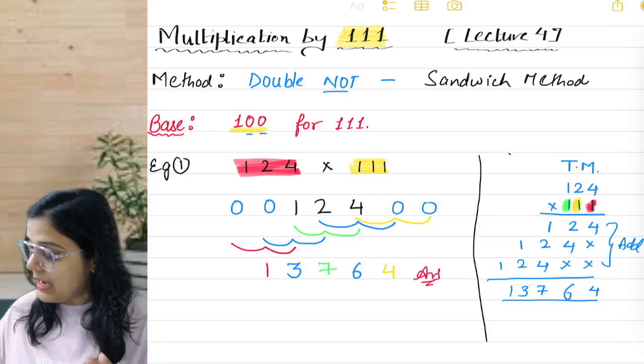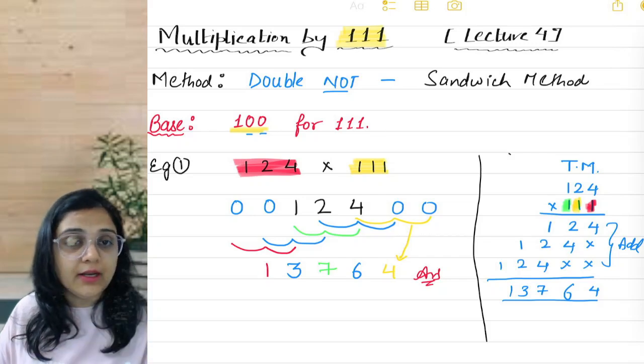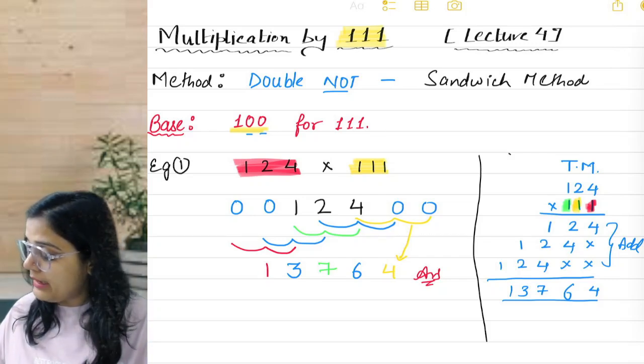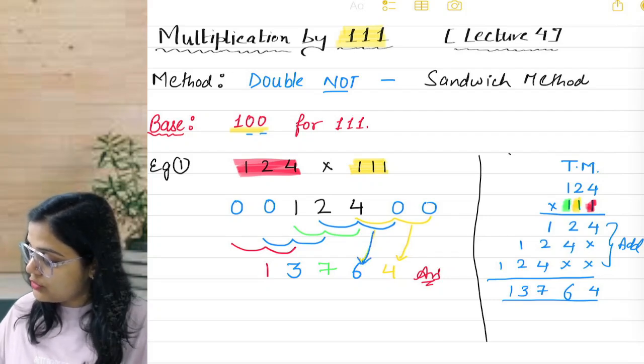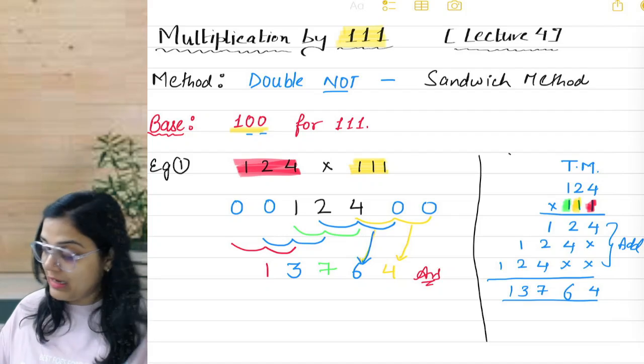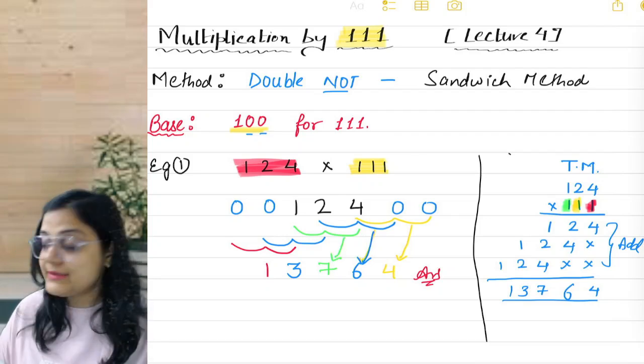Now you can see that this 4 has come from the sum of these 3 numbers that I have underlined with yellow, and this 6 has come by adding up these 3. The blue ones I'm marking with blue color, green these 3, and I'm getting 7.